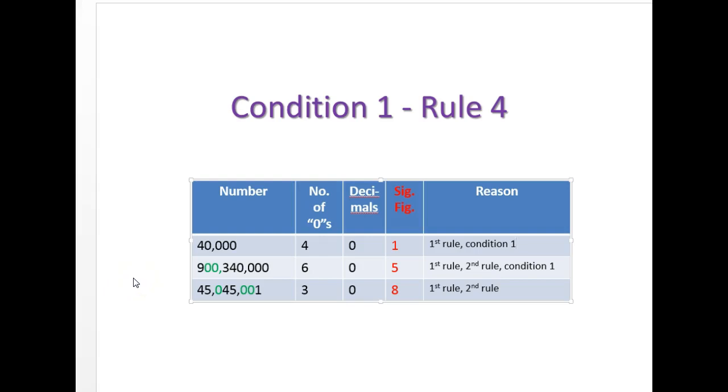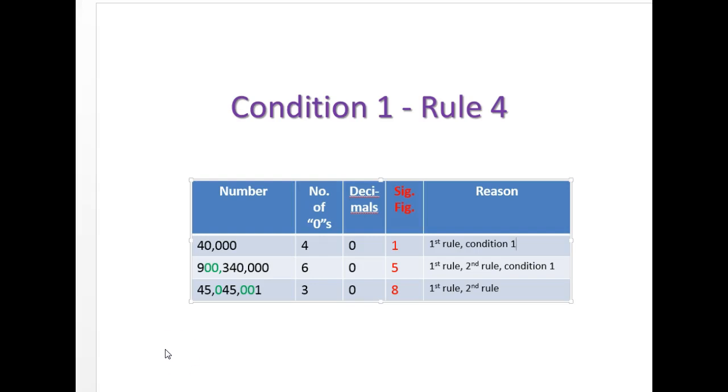And they are significant because of rule number 2. Remember, rule number 2 is the sandwich zeros. But condition number 1 means that all these four trailing zeros are not significant. So therefore, the number of significant figures stops here, and we only have 5. So rule number 1, rule number 2, and condition number 1.